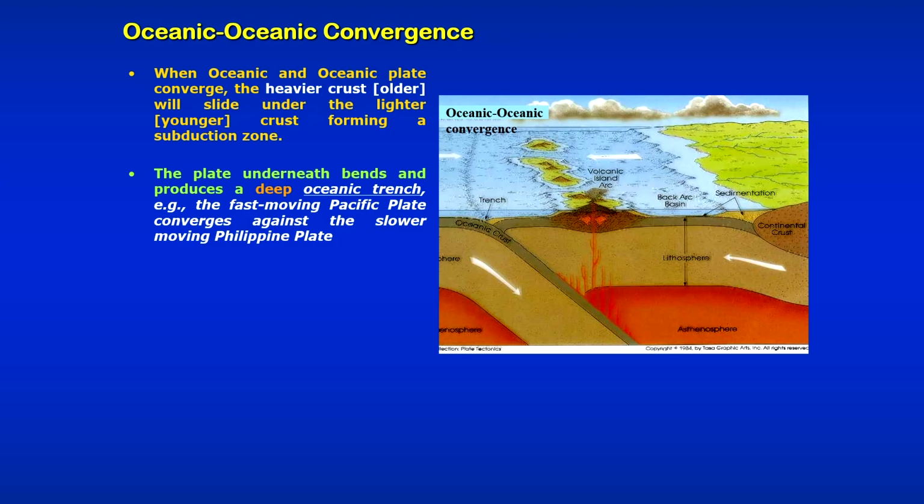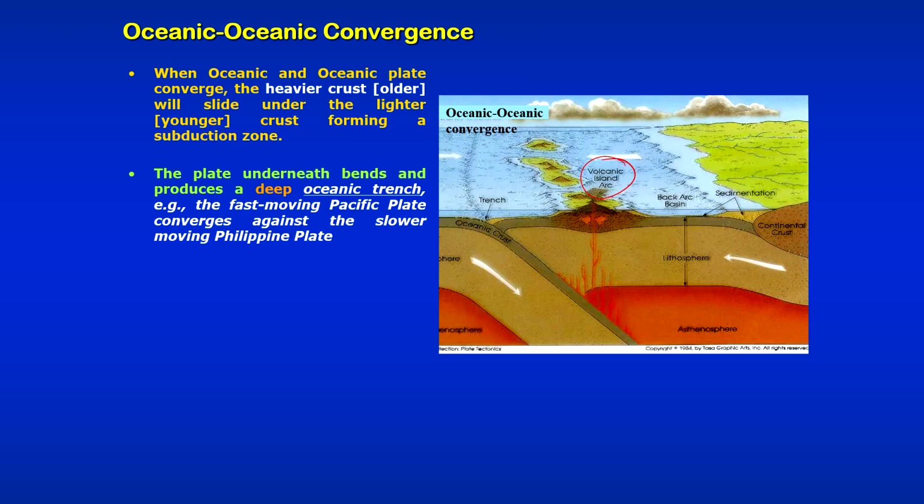Now coming to the oceanic convergence, and we have already discussed that when oceanic and oceanic plates converge, the heavier plate, which is the older one because it becomes denser, will subduct below and result in the overall process, and the overriding plate will have the volcanic arc, as we call it.